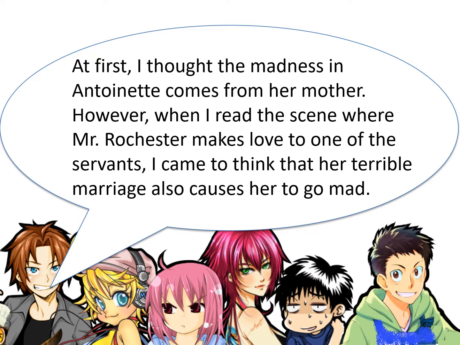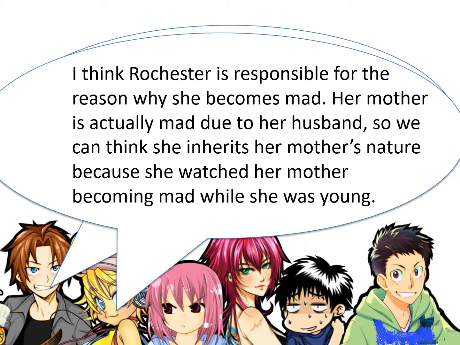So the "also" there indicates, well, it's partly her temperament, which is going to be genetic or to an extent inherited from her family genes, but it's also circumstances that have triggered things. So they're now starting to talk in a much more nuanced kind of way. That Rochester, to an extent, is responsible for her becoming mad, in the same way as her mother became mad because of the actions of her husband.